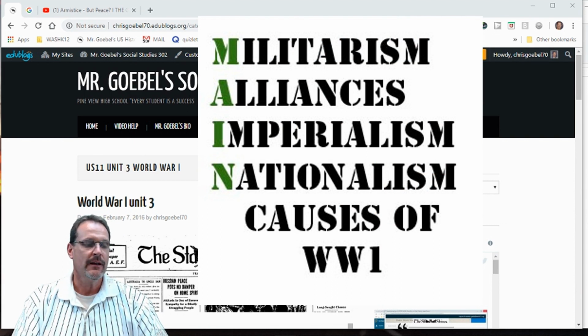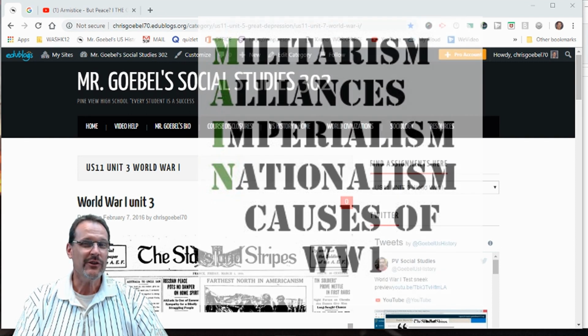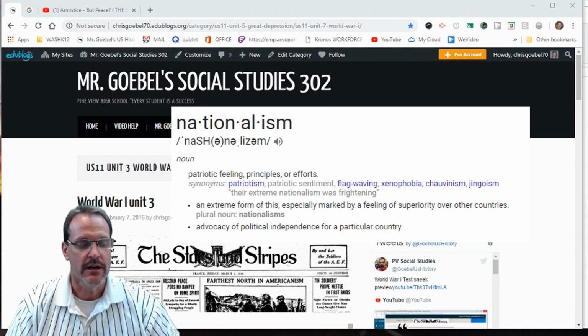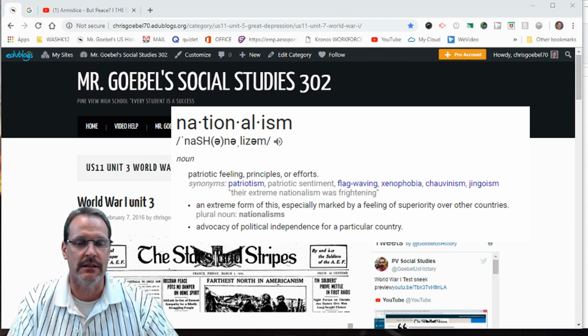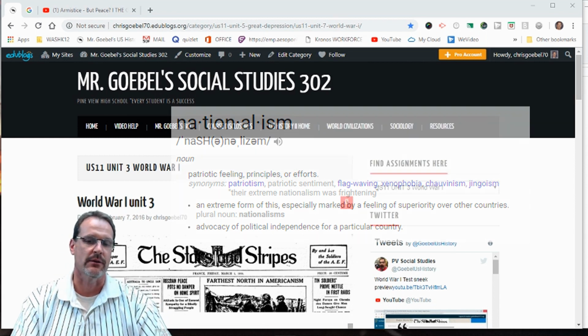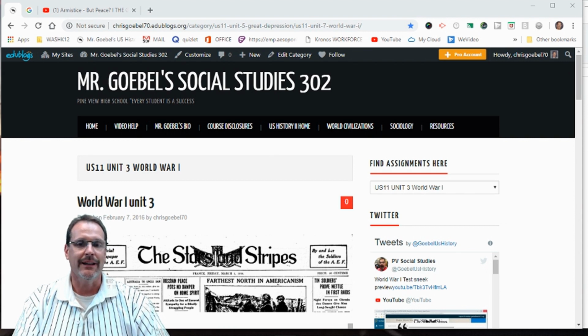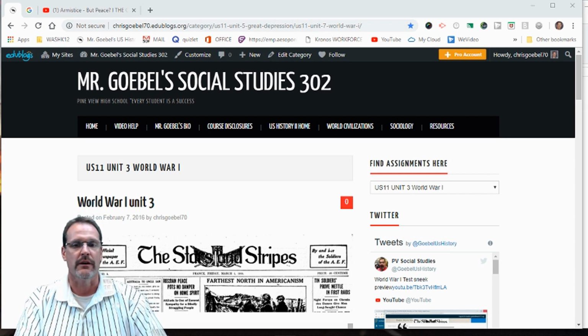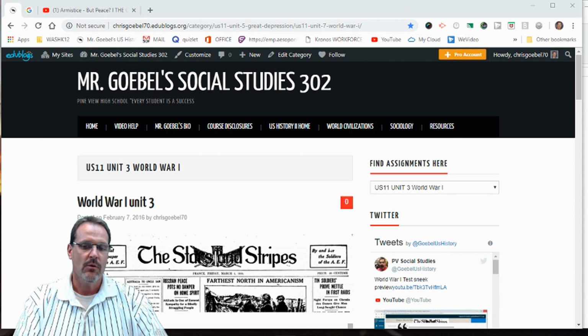Militarism in Germany, as well as a heightened nationalism where people are, yes, I'm proud of my country. Just like in America, we've got nationalistic feelings. So nationalism isn't necessarily a bad thing, but it can be harmful if you don't think of other things. You know, there's other ingredients when it comes to what makes a country work. But we're going to look at those things. So let's go ahead and get started.